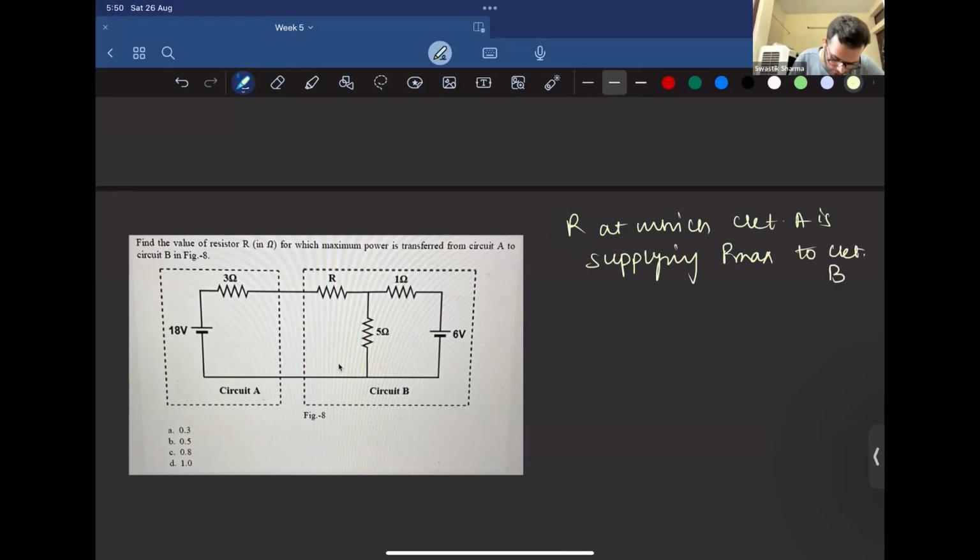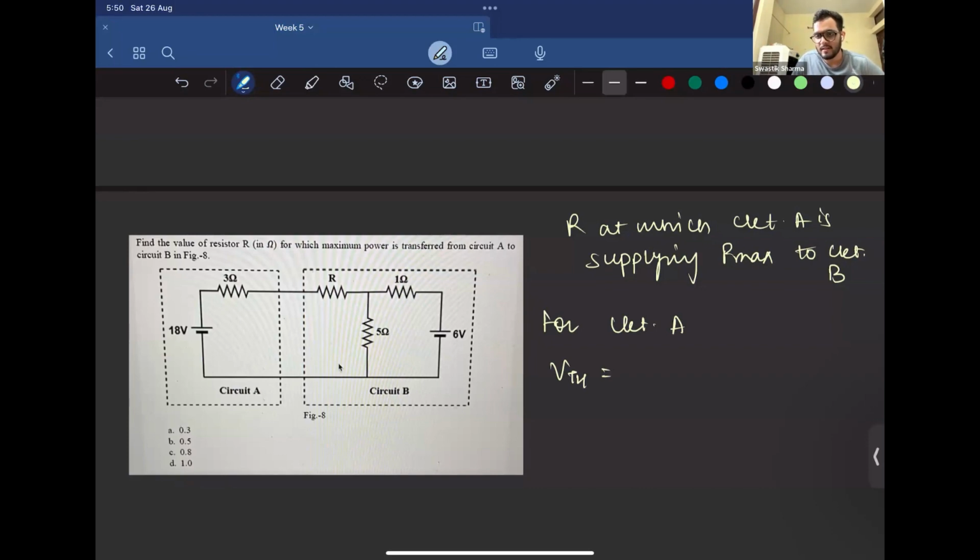So, if I consider circuit A, let's think for a moment. For circuit A, what would its VThevenin and RThevenin be? Since it's just a voltage source in series with the resistance, right?